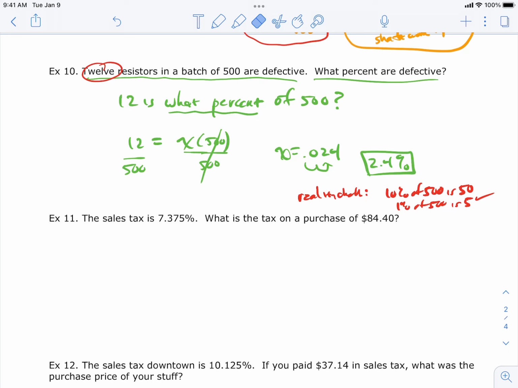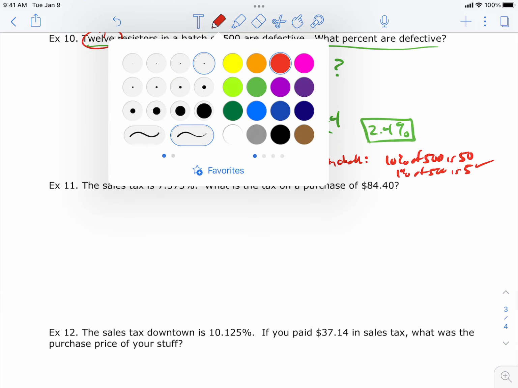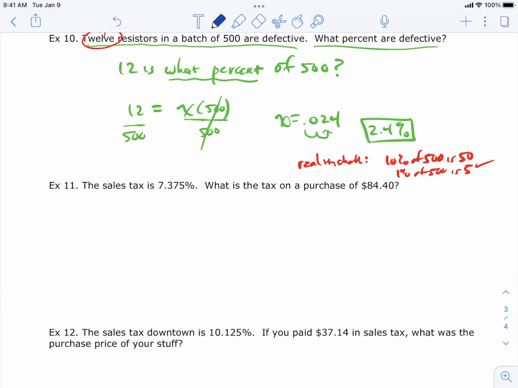Okay, let's see. What do we got here? Sales tax. Everybody loves sales tax. So the sales tax is, what's it saying? 7.375%. What that means is that 7.375% of your purchase is kept as tax, right?